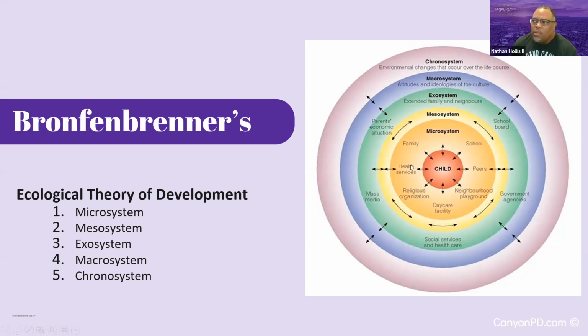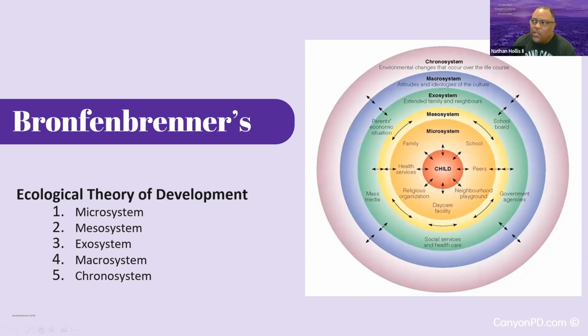Let's say, for example, as a part of your microsystem, you had a sports team that you had for years as a child in your adolescence. If that's a part of your microsystem, then your exosystem may be things like going to the park where the baseball team or football team played, or the neighborhood in the gym was located for your basketball team.